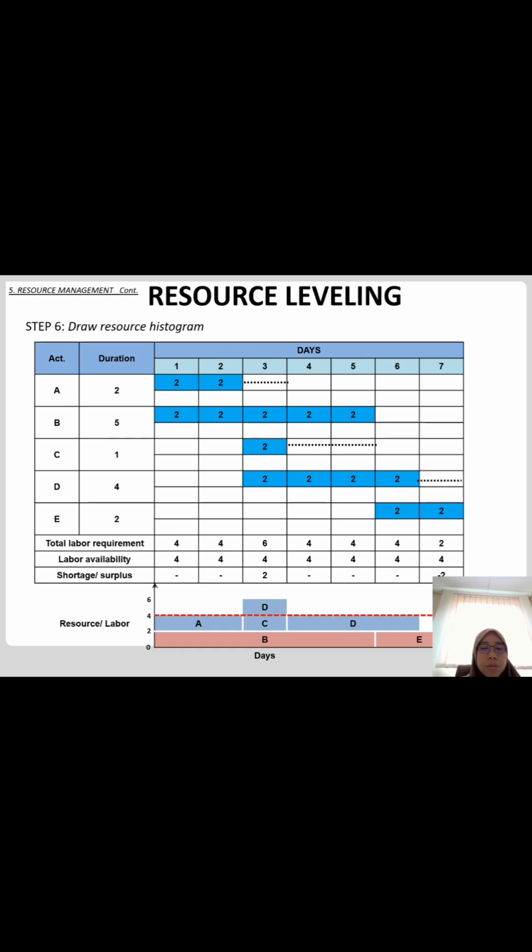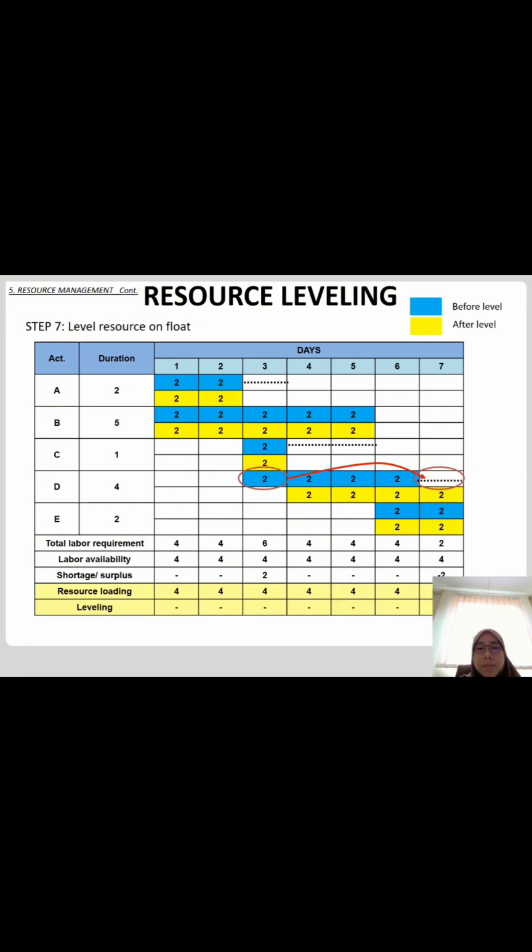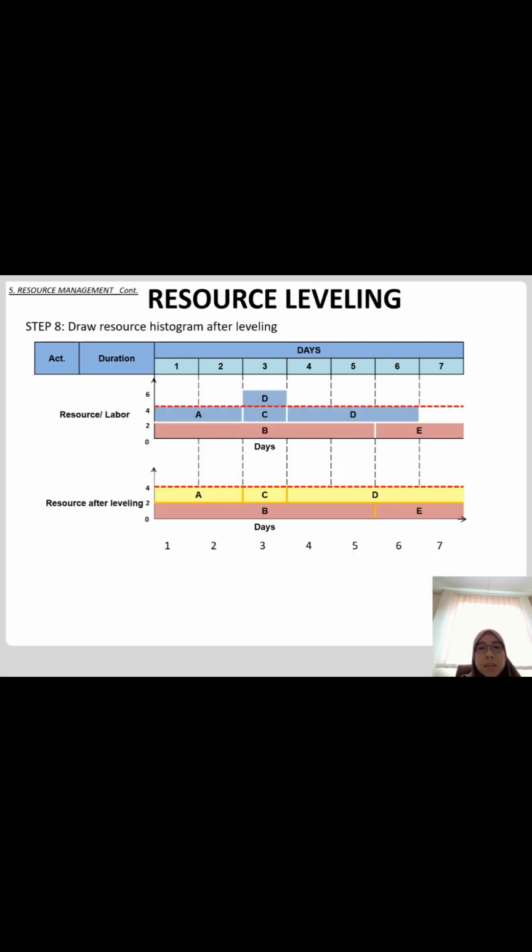Okay, it will become like this, because activity D has float until 7 days. So you will move this D to here.